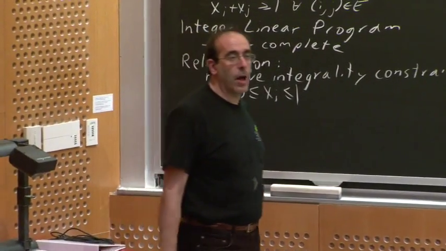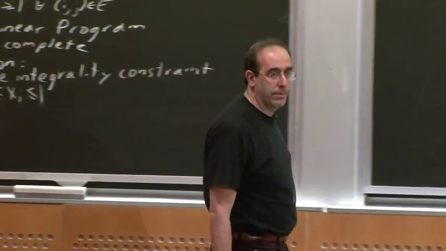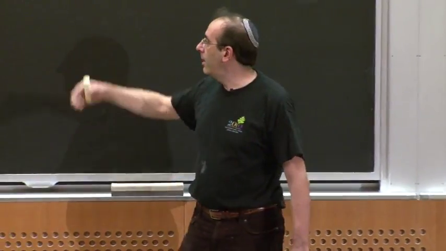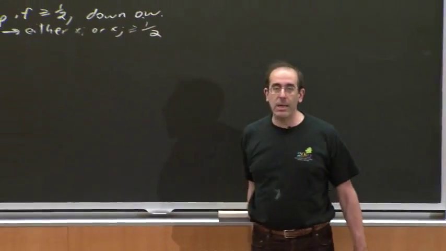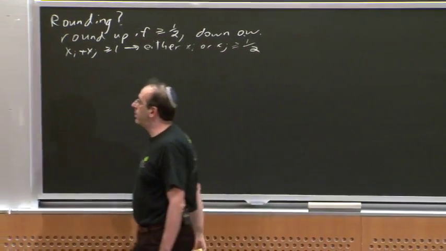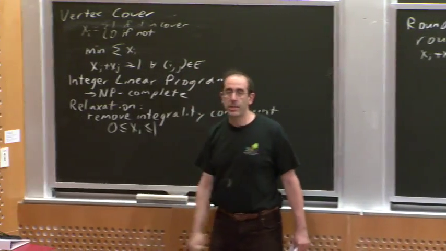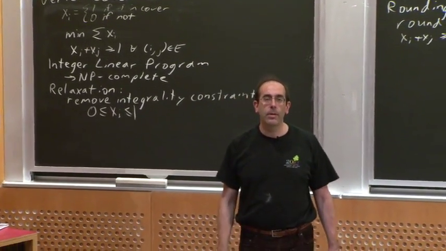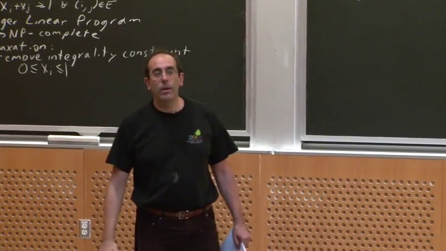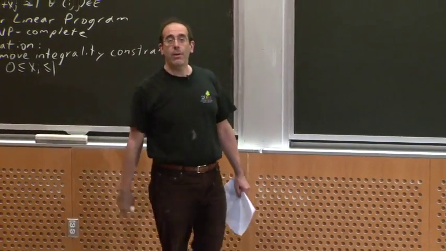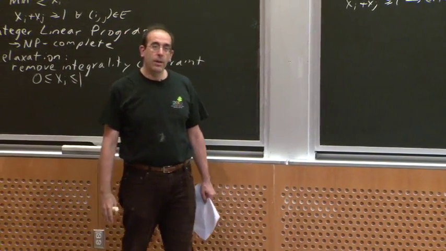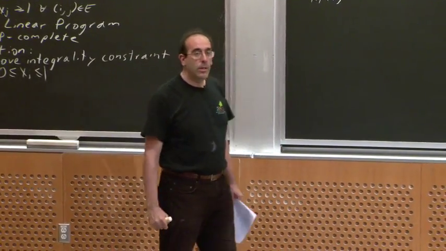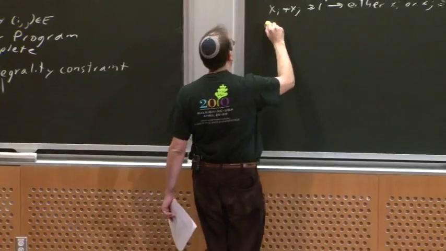What does it do to the quality of our solution? When we round things up in this way, what does it do to our objective function, the sum of the xi's? We have to be within a factor of 2. How come? Exactly. We only round up.